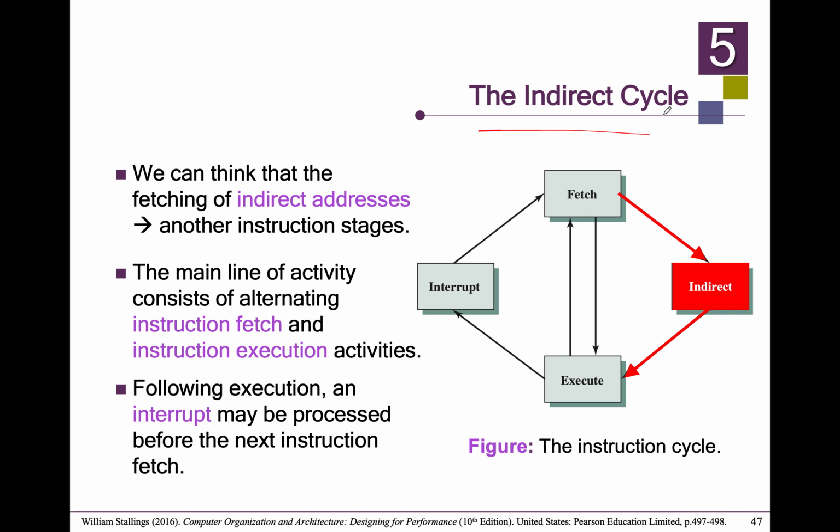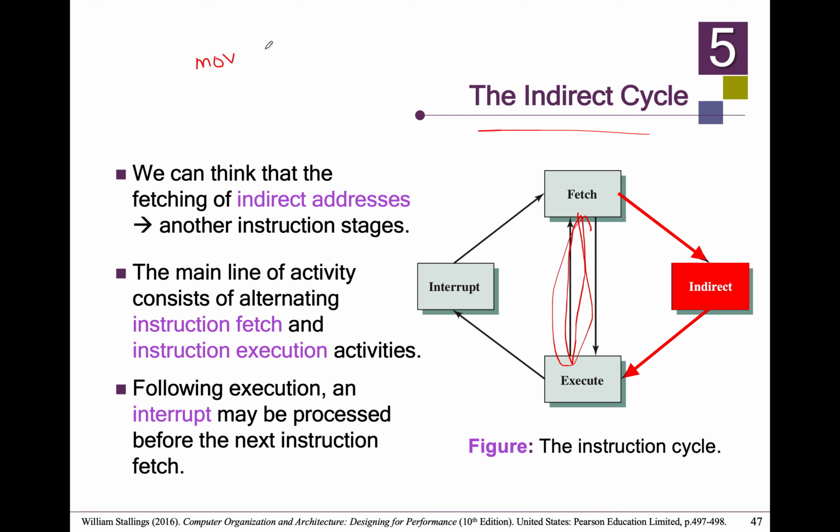So indirect cycle, what happened? We can think that the fetching of indirect addresses is another instruction stage. So basically you have fetch and then execute again, which is you are doing a looping, right?